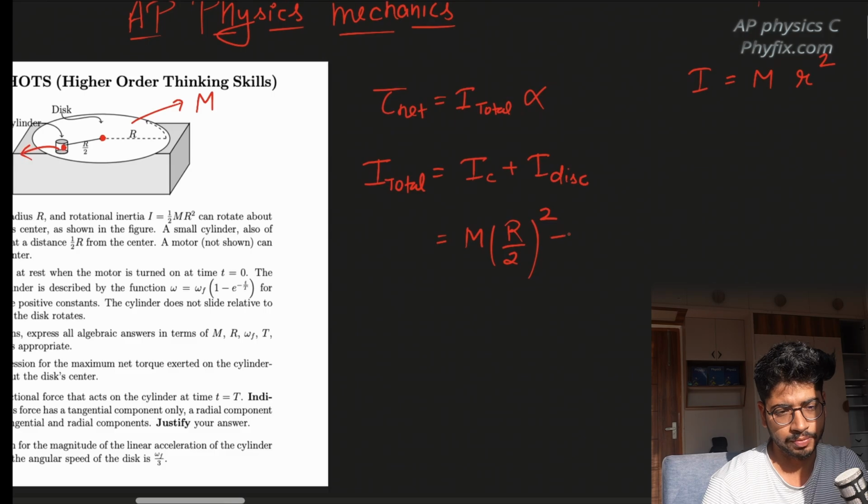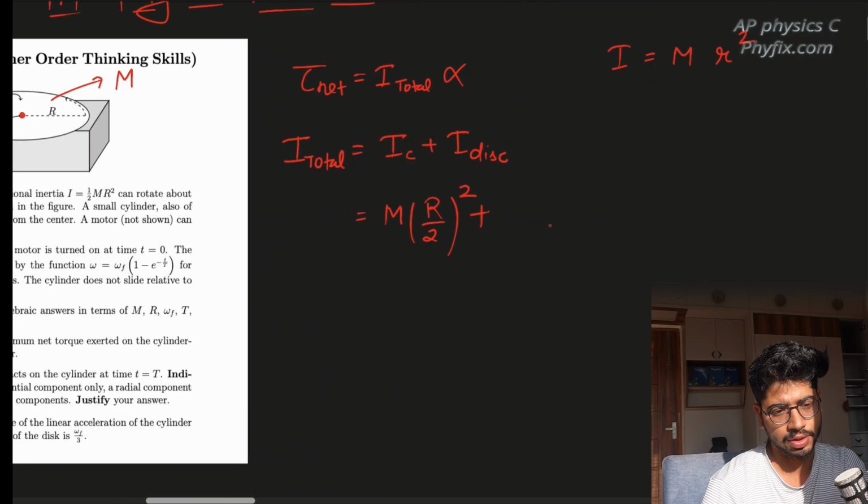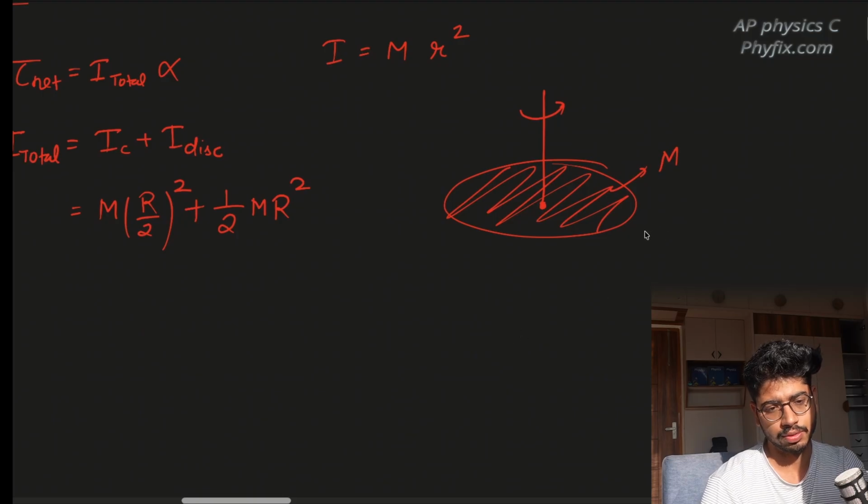Because it is placed at half of the radius. And the moment of inertia of the disk is half m r square about the center of the rotation. You must know that. For a disk with the full mass capital M and the rotation axis this way, the moment of inertia about this axis of rotation is half m r square.